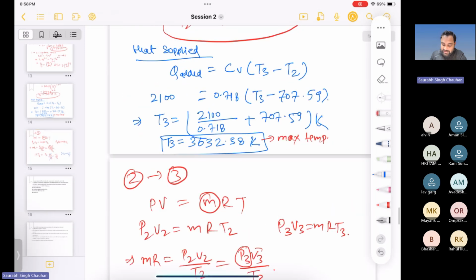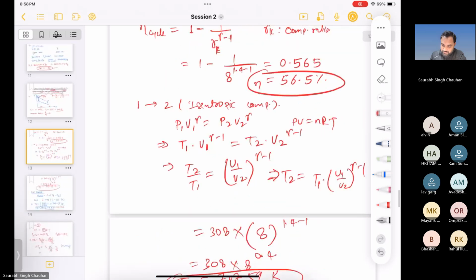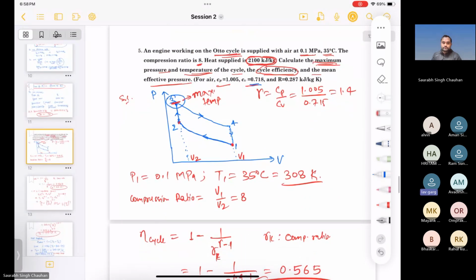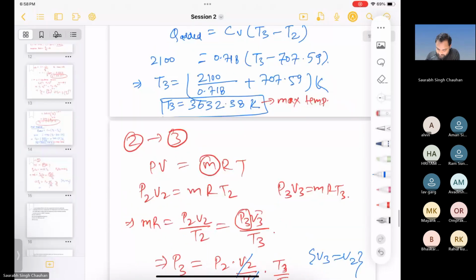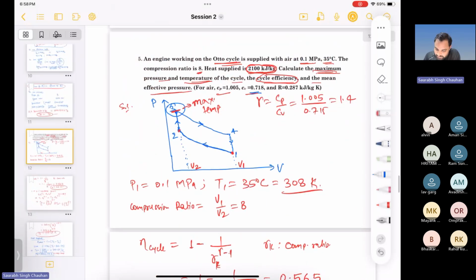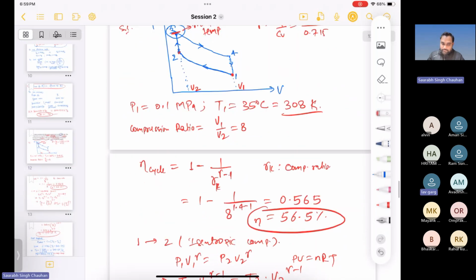So P2 you already have, I think. Do we have P2? No, sir. P1 is given.